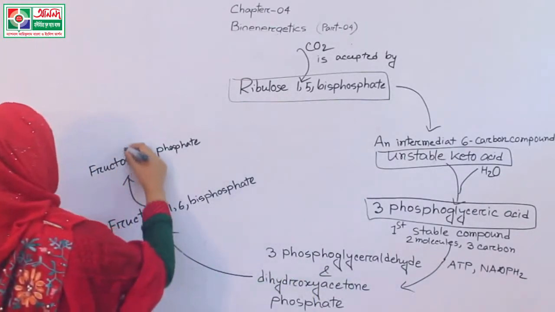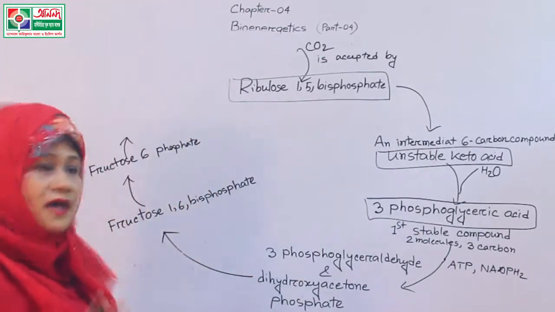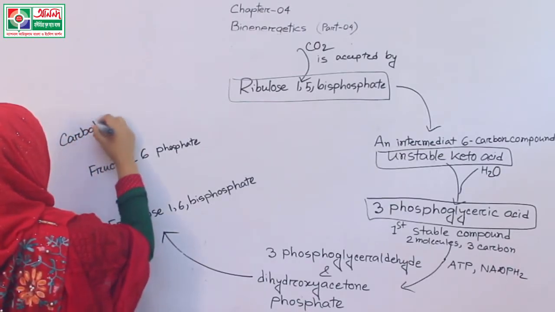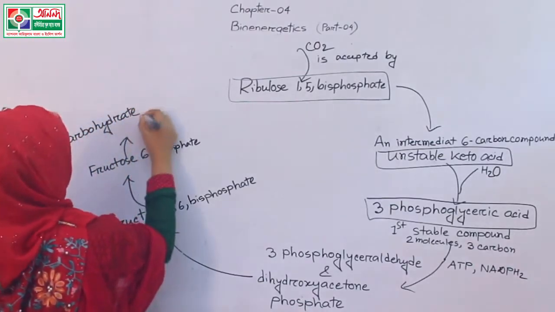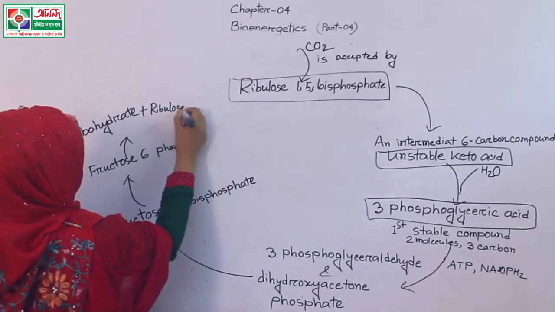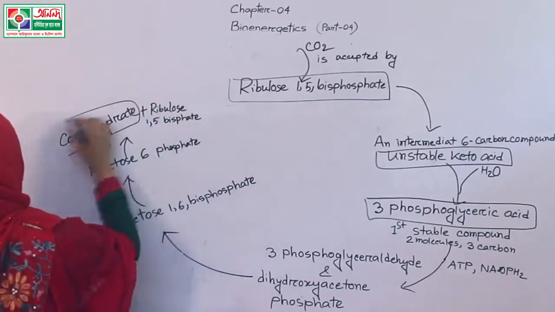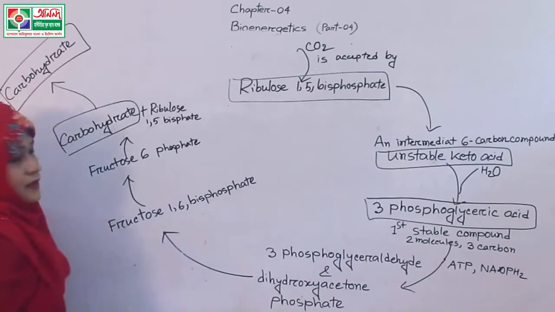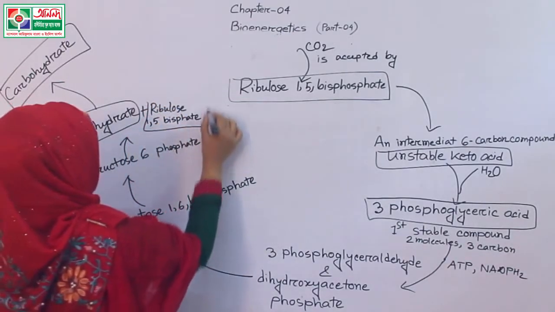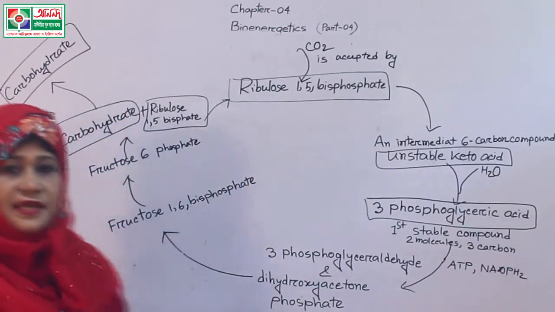From fructose 6-phosphate, carbohydrate is produced in one way. So I am writing carbohydrate plus ribulose 1,5-bisphosphate. Students, this ribulose 1,5-bisphosphate again enters the Calvin cycle.